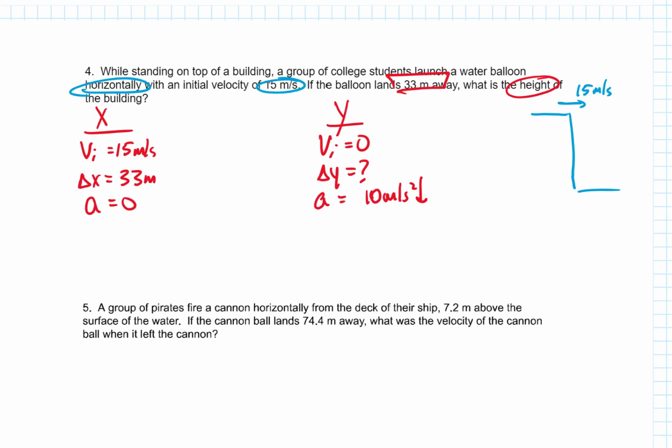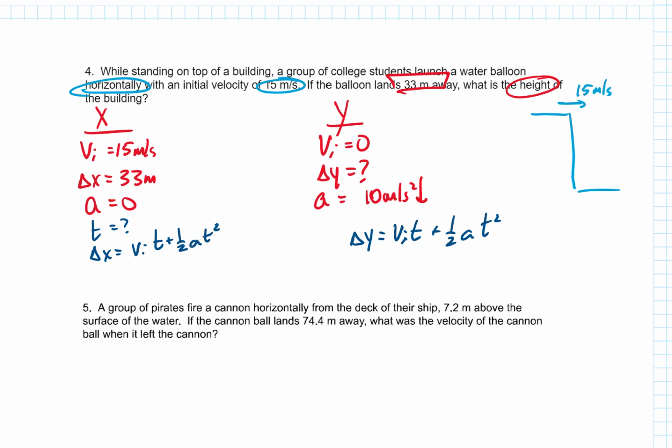Now, in order to get the delta Y, the equation we've been using is delta Y is equal to V initial t plus 1/2 AT squared. What I need is time. I don't have that in the Y direction, so I'm going to find time in the X direction. We can do this a couple different ways. We'll go the long way. Delta X is equal to V initial times time plus 1/2 AT squared.